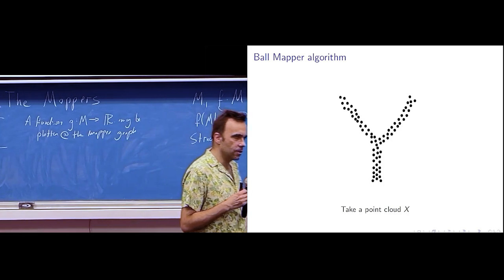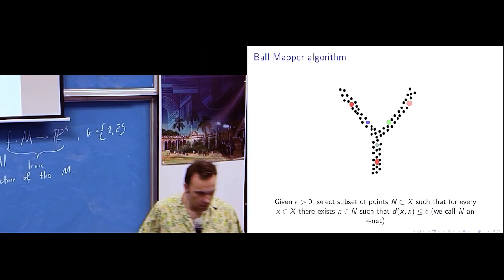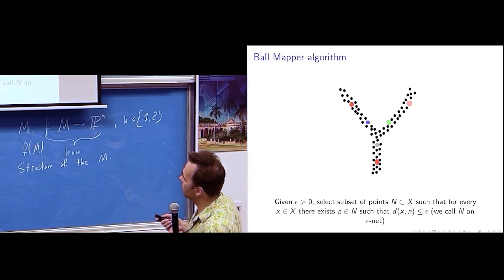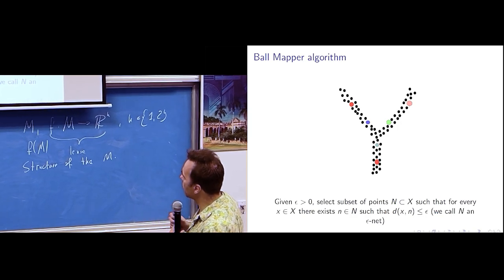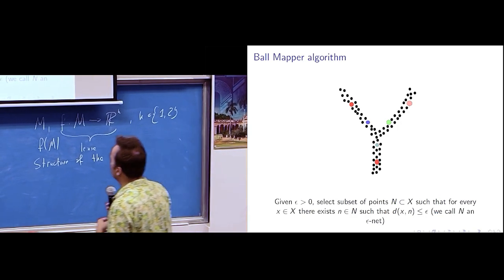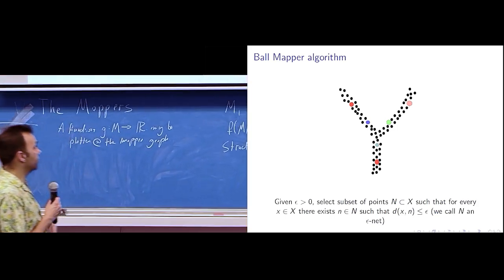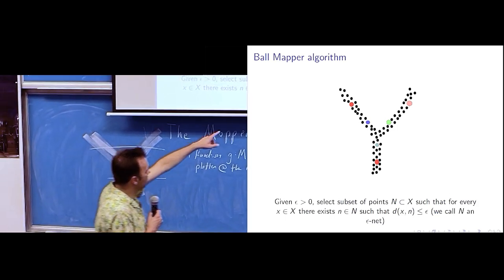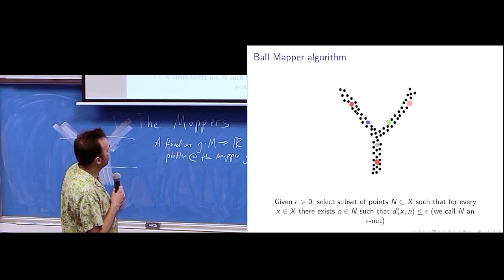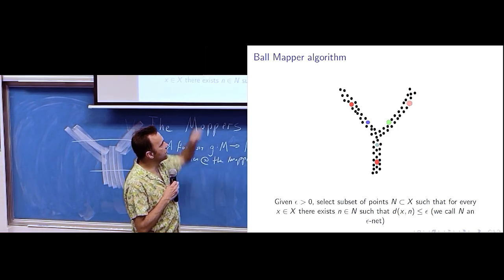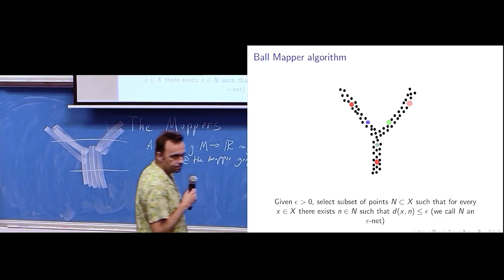But once we fix the metric and once we fix the epsilon, I can select, given an epsilon, a subset of points which I call the epsilon net. It's a subset of points having the property that for every point there exists an element of the subset which is not farther away than epsilon from that point.